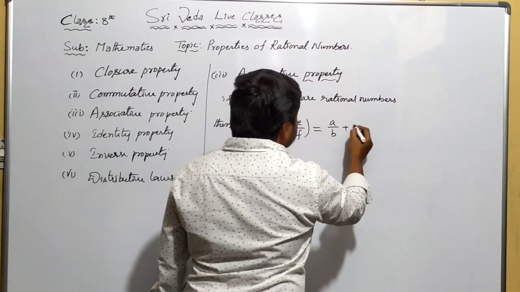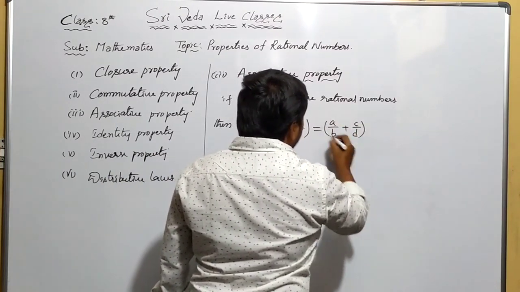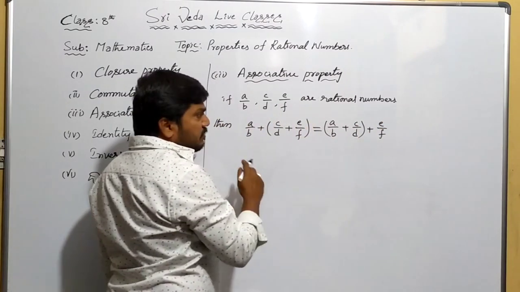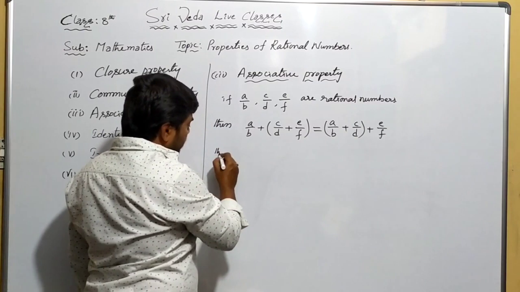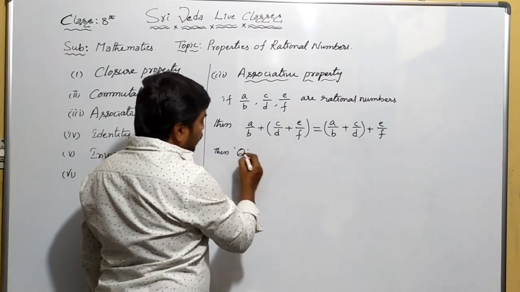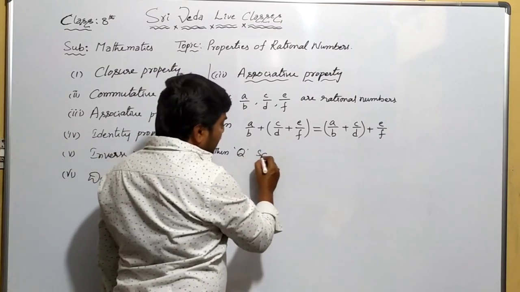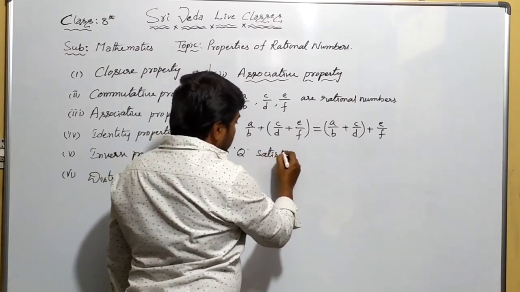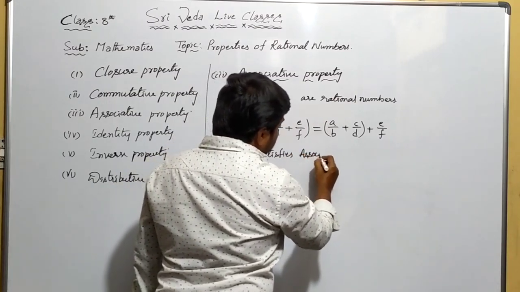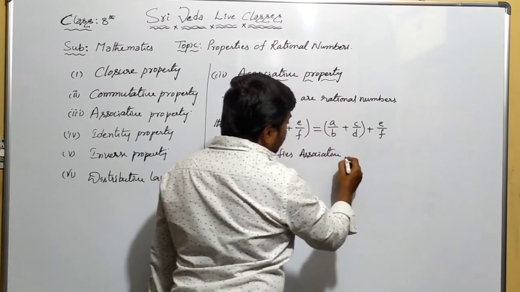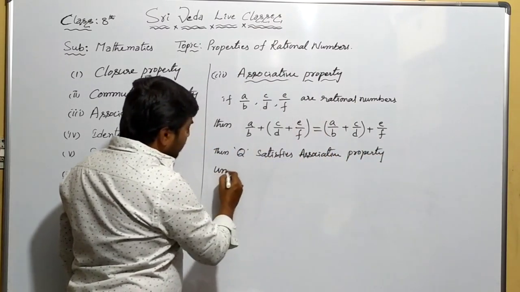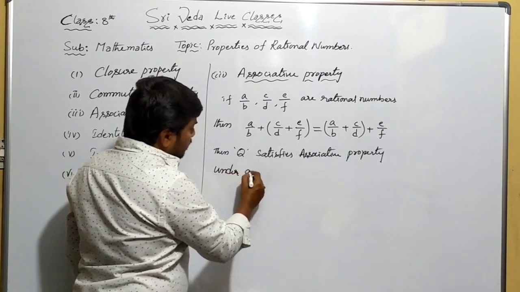A by B plus C by D of plus E by F. So what do you say that? You can write it. So Q, Q means rational numbers, satisfies associative property under addition.